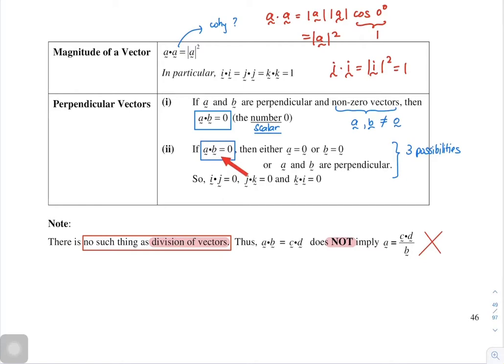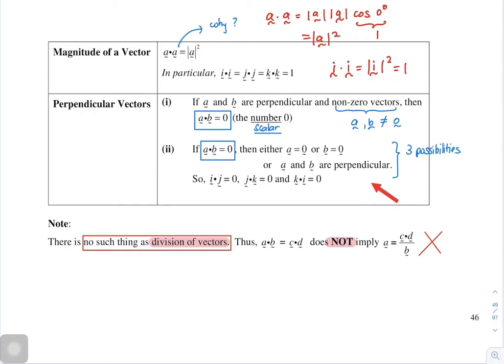Now if A dot B is equal to 0, then either A is the zero vector, or B is the zero vector, or A and B are perpendicular. So when we have a result where A dot B equals 0, there are three possibilities. Similarly for the base vectors, since i and j are perpendicular to each other, j and k are perpendicular to each other, and k and i are perpendicular to each other, when you dot them, you get the zero scalar.